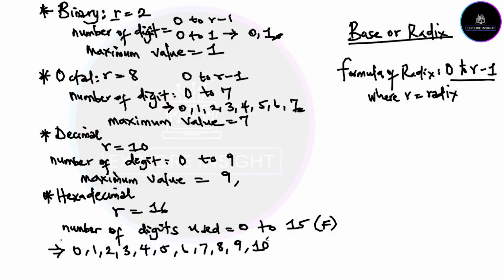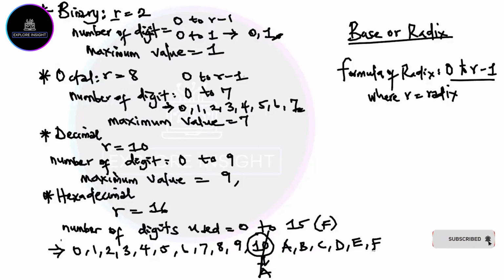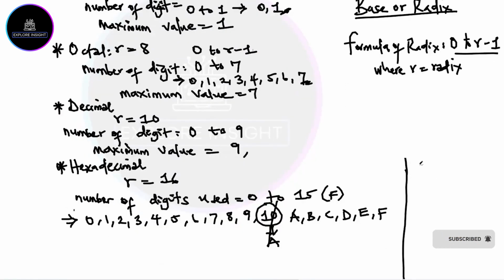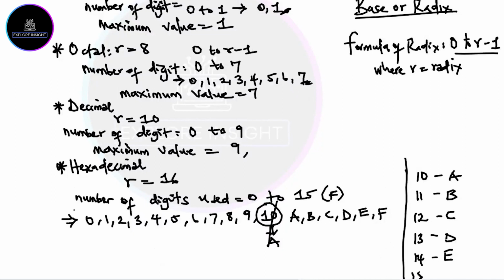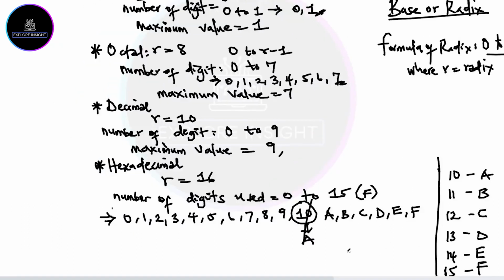In hexadecimal, the 10 is considered as A. So we have A, B, C, D, E, and F. Let me write this out: 10 is represented as A, 11 as B, 12 as C, 13 as D, 14 as E, and 15 as F. So in this scenario, our maximum value will be F.